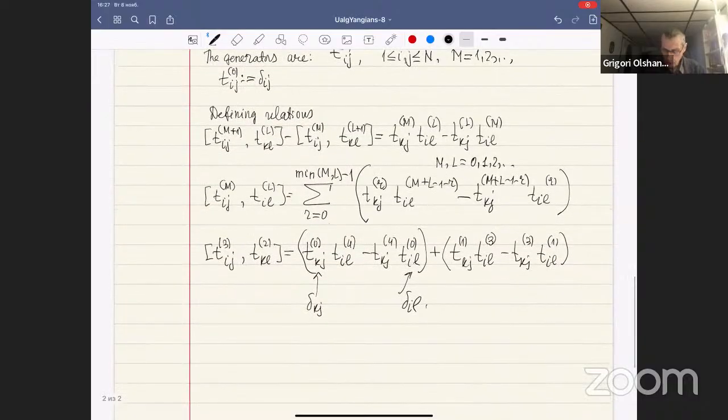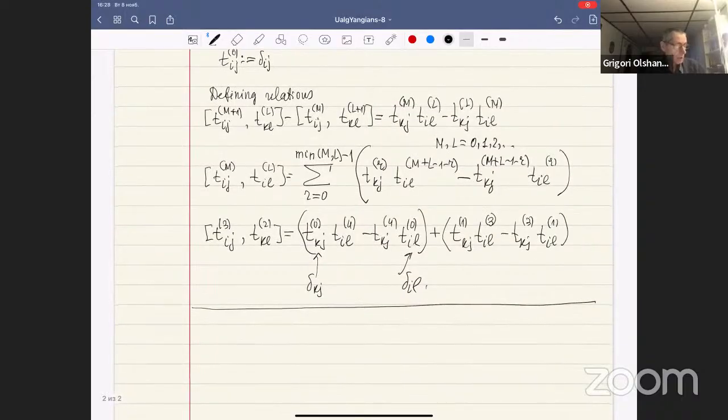Now I want to introduce the filtration. One filtration I already introduced before. So there are two algebra filtrations in the Yangian.